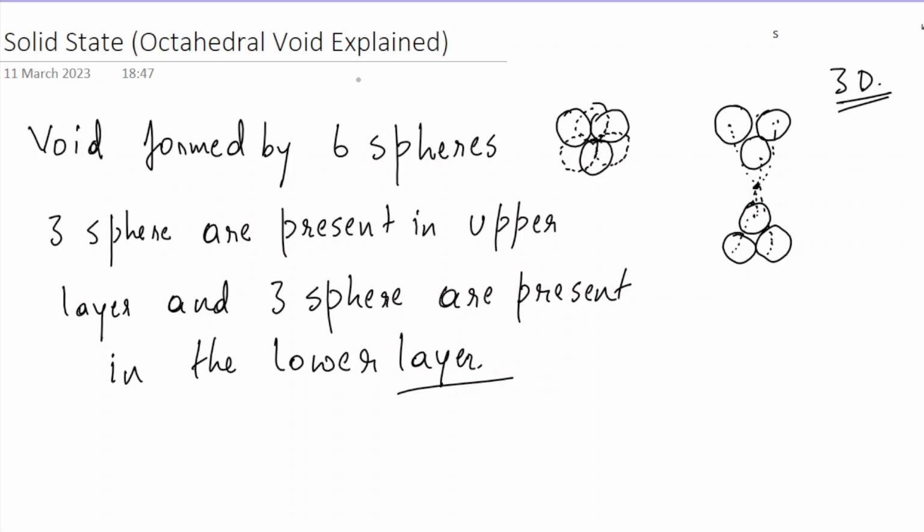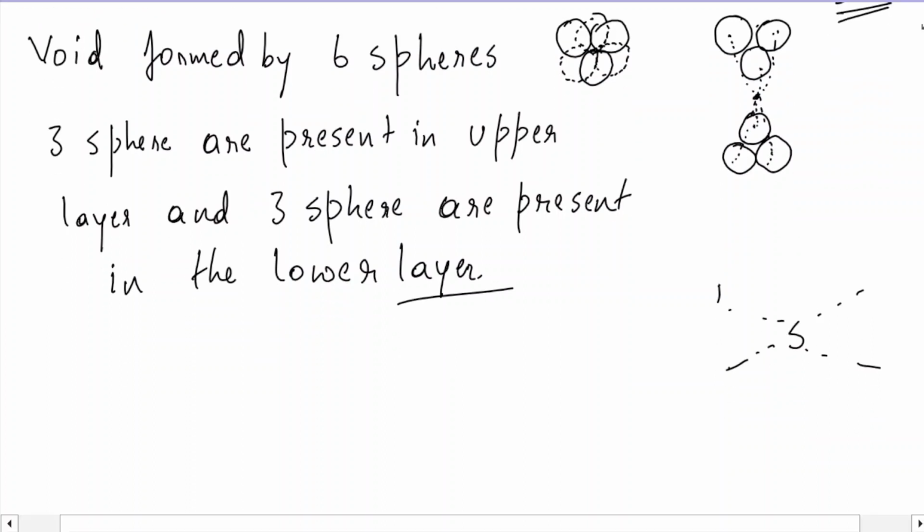This void can be better imagined with the help of octahedral geometry, which we have studied in chemical bonding and also considered in coordination compounds. The octahedral geometry is like this. There are two planes, and we call this geometry square bipyramidal.